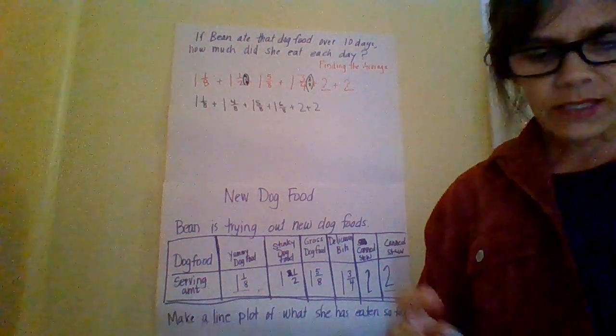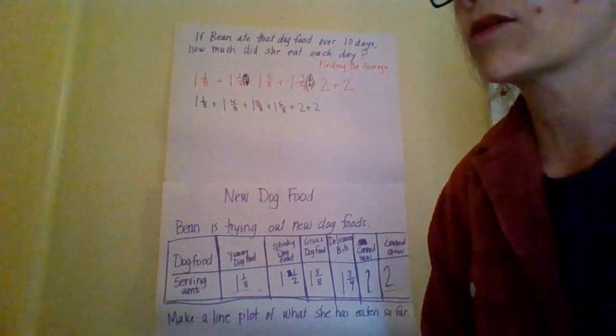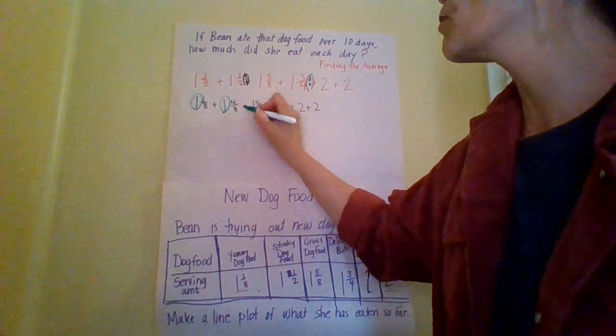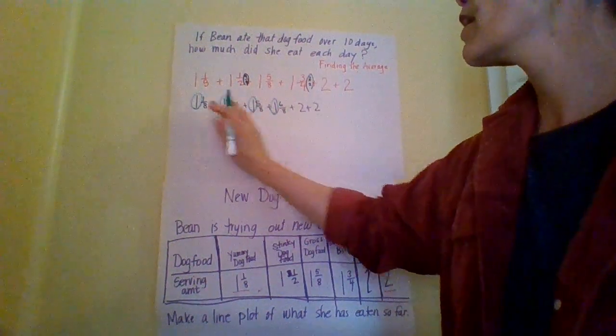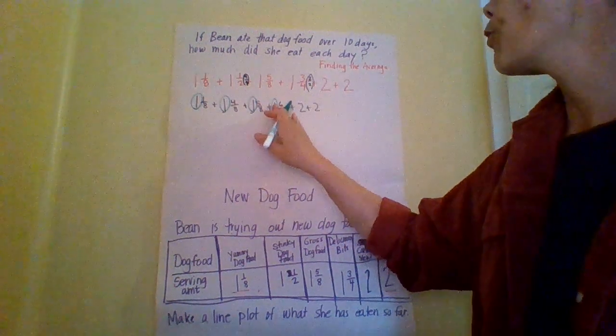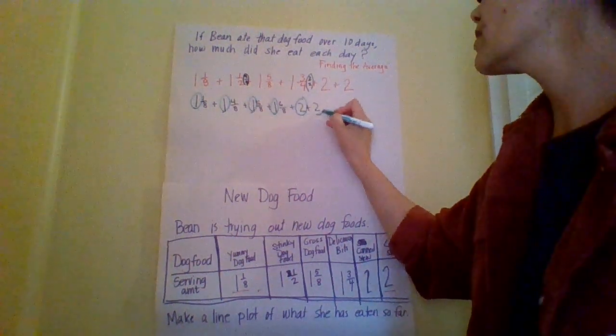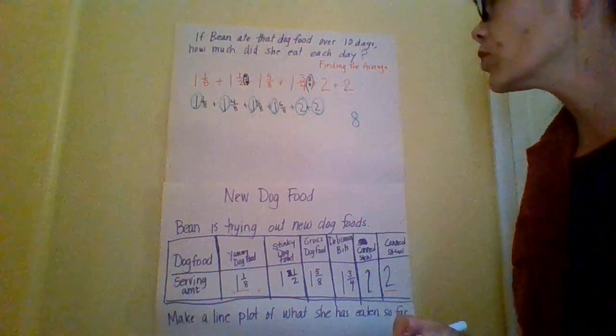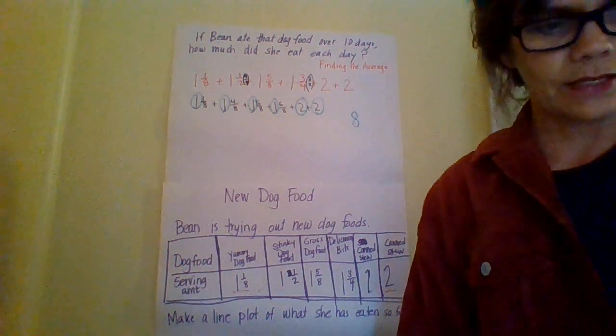Okay? At this point, I'm going to take out all the whole numbers because that is easy for me to do in my head. 1, 2, 3, 4, 5, 6, 7, 8. The whole numbers add up to 8.